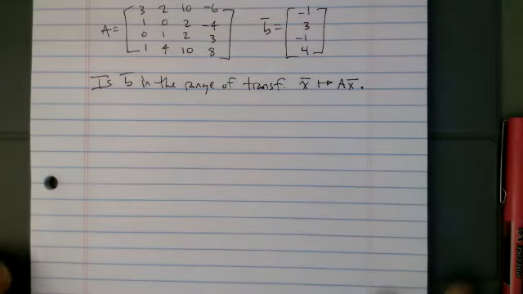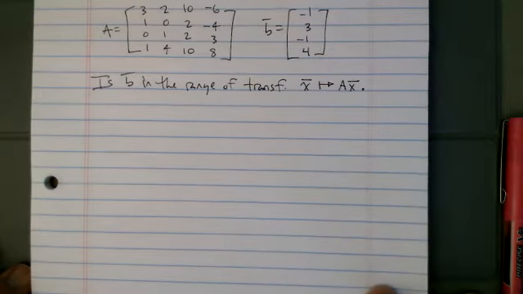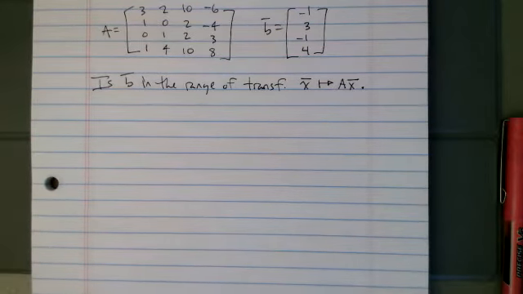So there's a linear transformation that goes from R4 to R4 in this case, and we want to know if B is in the range of this transformation. This is equivalent to saying, is B a linear combination of the columns of A?